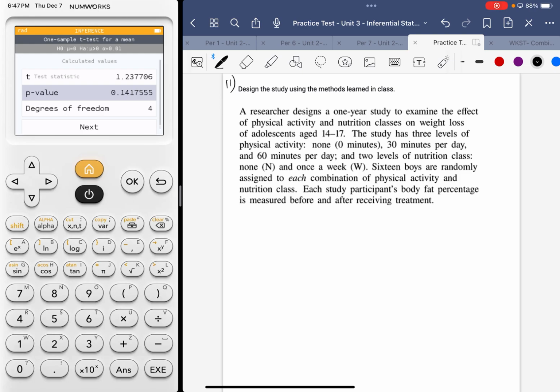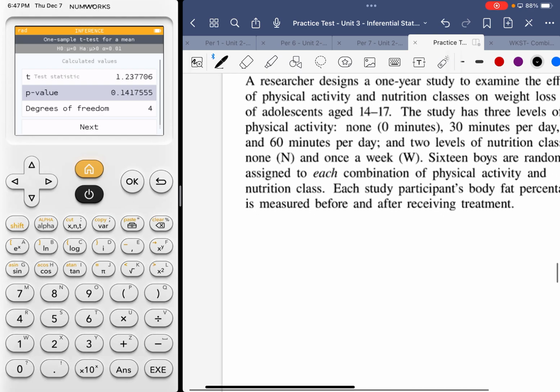We're talking about individuals being sampled. We have the interaction of physical activity and whether or not the individual is taking that nutrition class. 16 people are randomly assigned to each combination of physical activity and nutrition class. So that's my first step here.